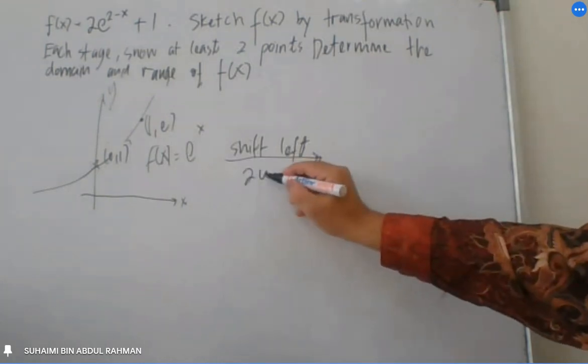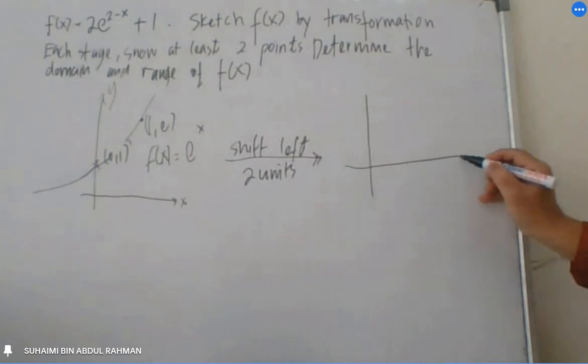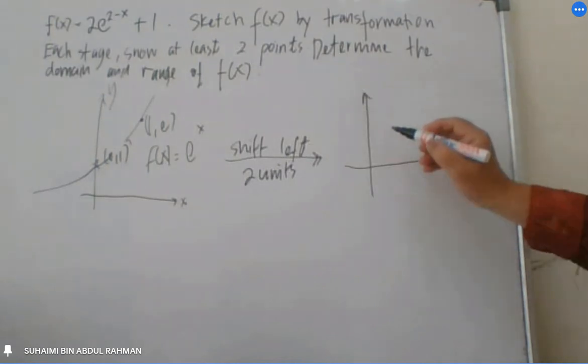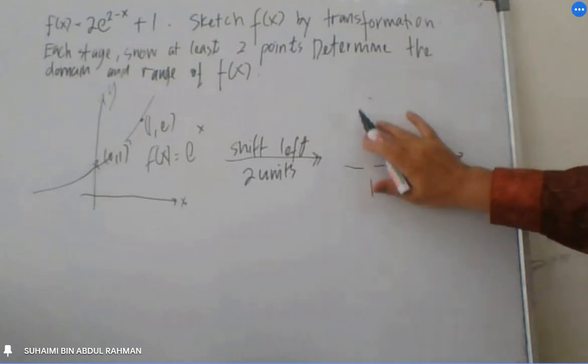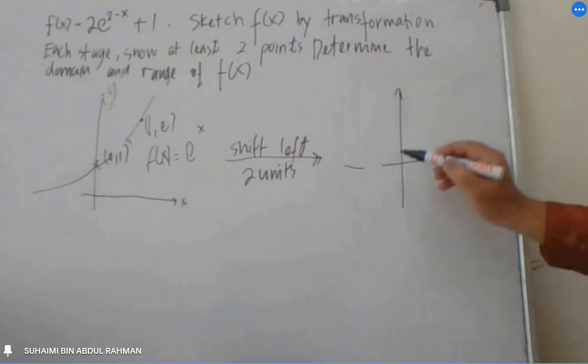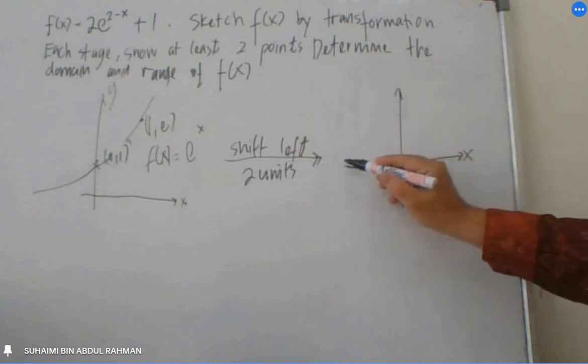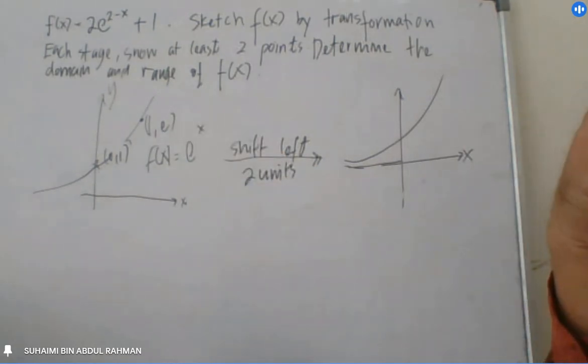Two units. So the function now, we shift to the left. So let's say x. Right, we shift to the left. So point 0, 1 will go to the point.